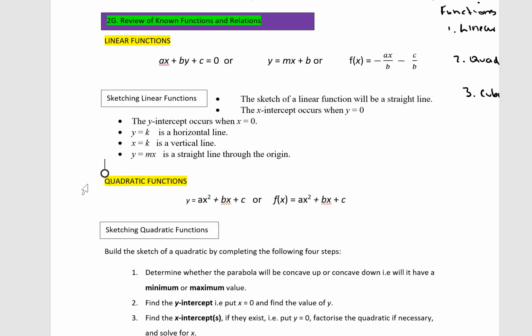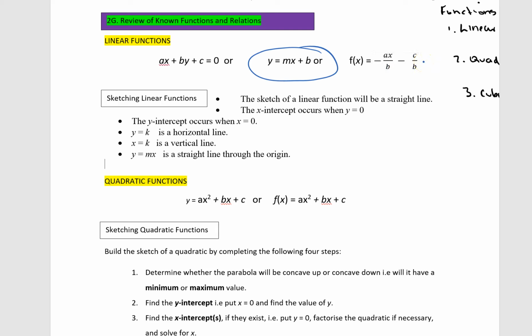So please be aware of the different ways in which a linear function could be written. I guess by far the most common one that you have seen so far would be this, y equals mx plus b. It could also be written in the form ax plus by plus c is equal to naught, because we could make y the subject and you'll end up with something similar to this. You could actually see it written in the function notation as minus a on b x minus c on b.